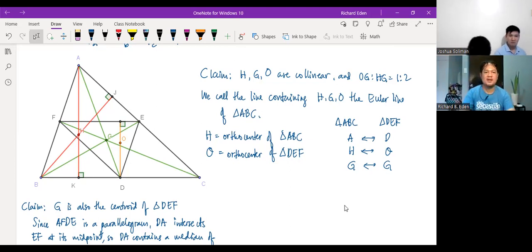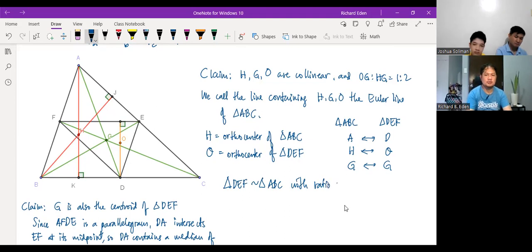Therefore, because of the ratio of similitude, write: DEF is similar to triangle ABC with ratio of similitude 1:2.